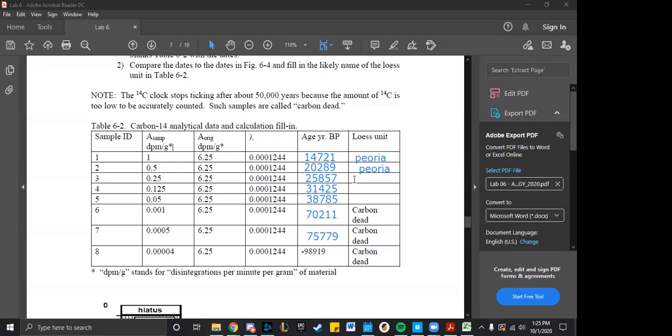This one I would say would be the hiatus, yeah. Or we could put Peoria / Roxana. And then 31 would definitely be Roxana. And so would number 5, yeah. So that should be it for this one.